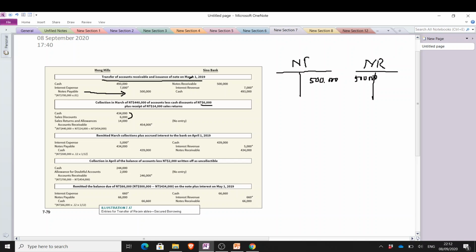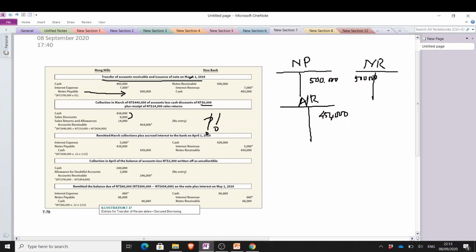Notes payable, so notes payable and notes receivable. And then Mang recorded account receivable here. When it is collected, the account receivable is deducted with 444, on March, while Mang does not have any entry here on March.